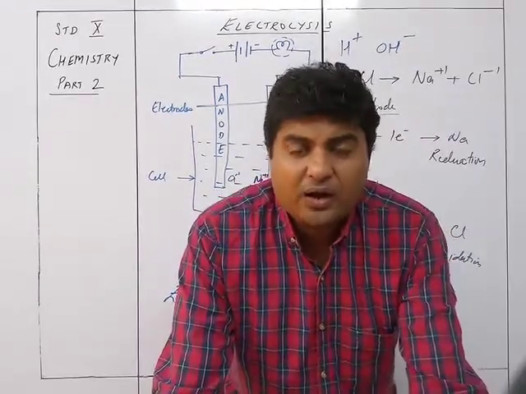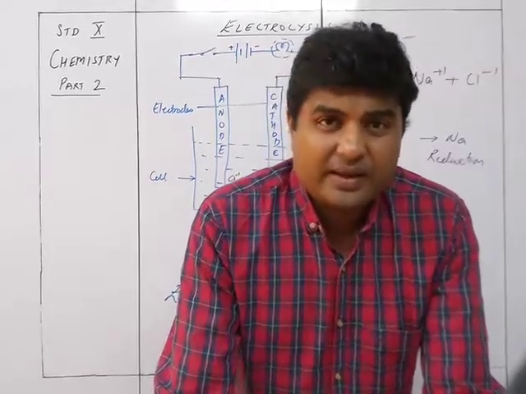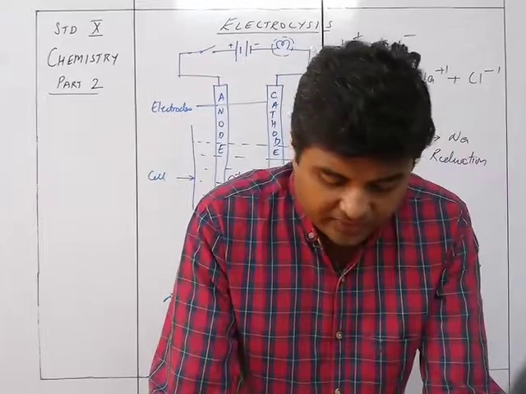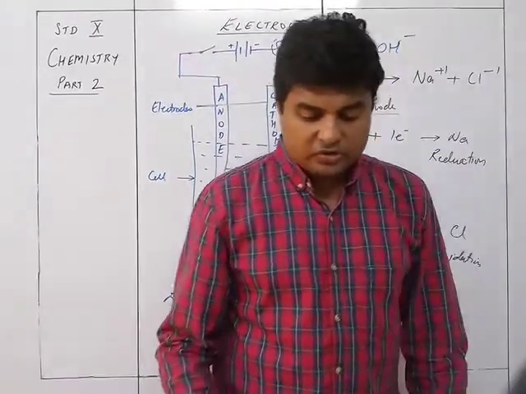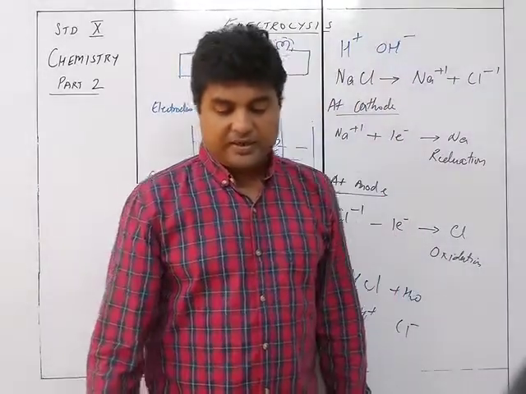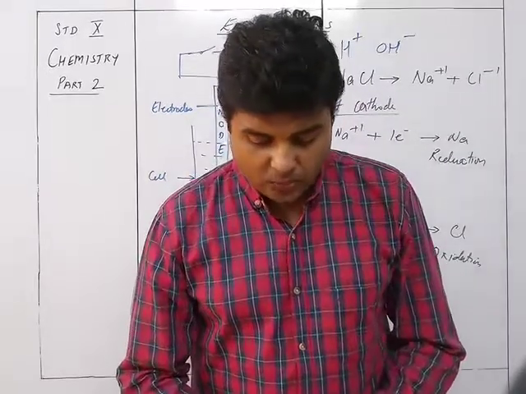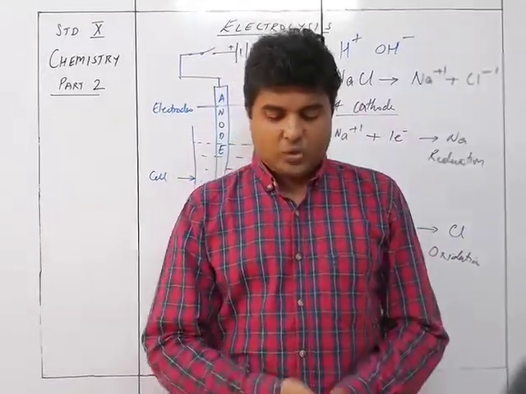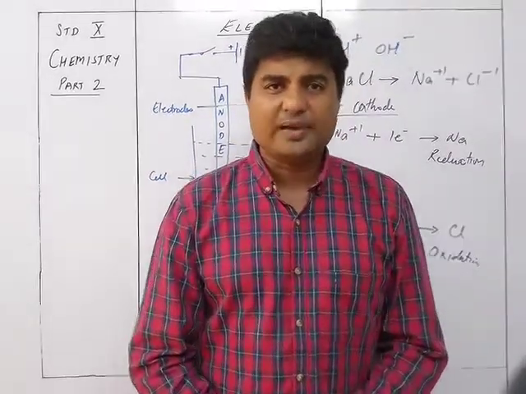Whereas ionization involves formation of charged ions from molecules which are not in the ionic state. So that's why HCl in the aqueous form will become H plus and Cl minus. Ionization may also involve atoms changing into ions.